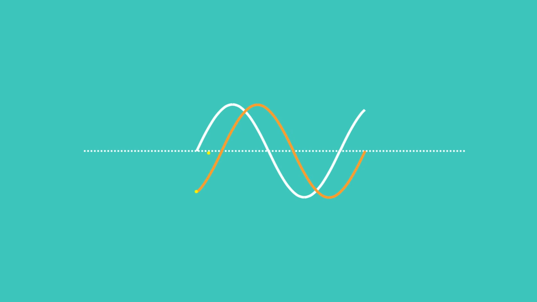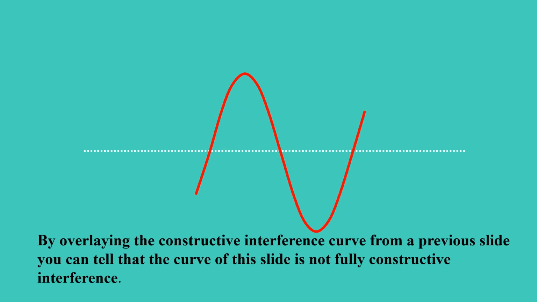The result will be on the equilibrium line, and so on and so forth. So finally, we have this resultant wave, which is represented by the red wave.